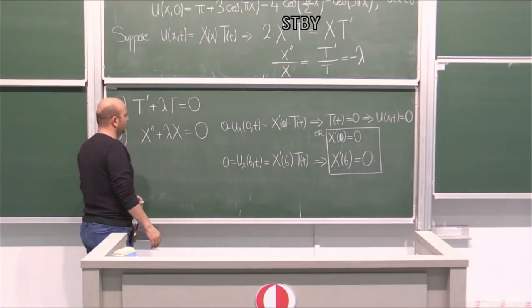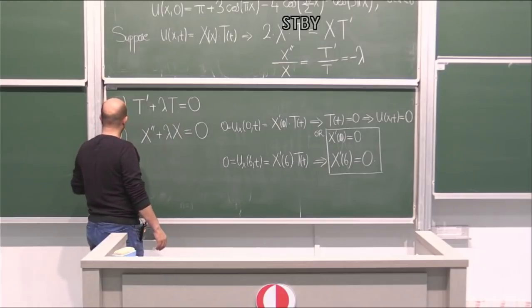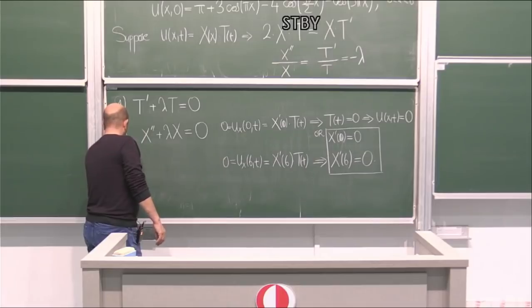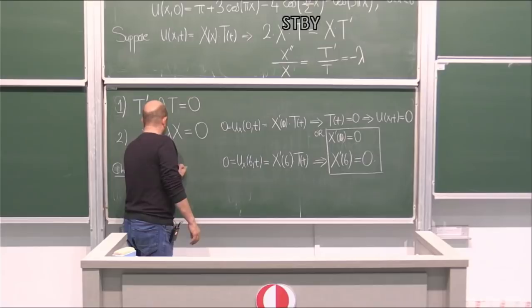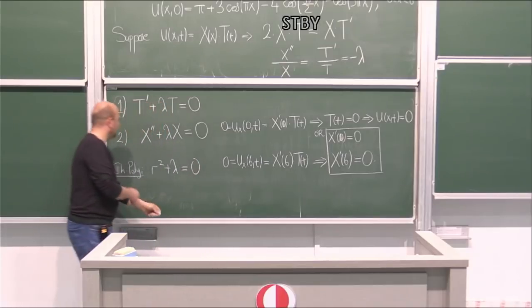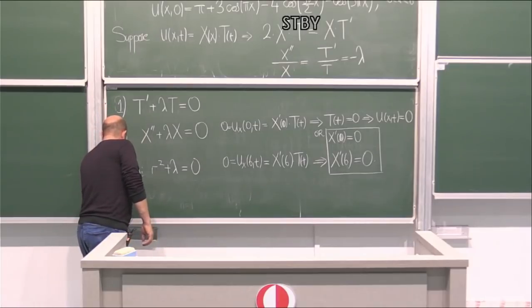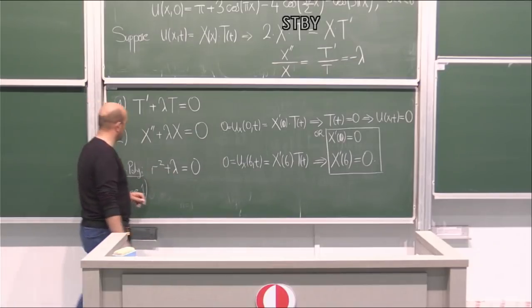So what we were doing was trying to solve this thing. So now I will come back to 1. If you look here, the characteristic equation is r squared plus lambda. So what we have now is case 1: lambda is negative.